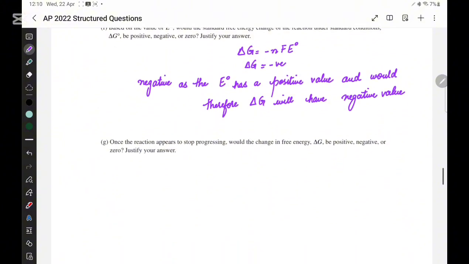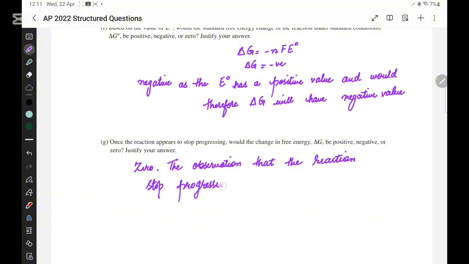For the next question, once the reaction appears to stop progressing, would the change in free energy, delta G, be positive, negative or zero? So first of all, if the reaction appears to stop progressing, then at that time delta G is going to be zero, because there is an observation that the reaction stops progressing.